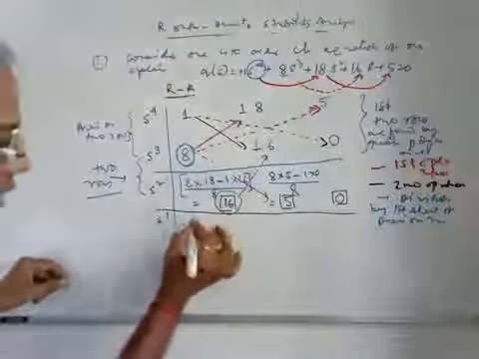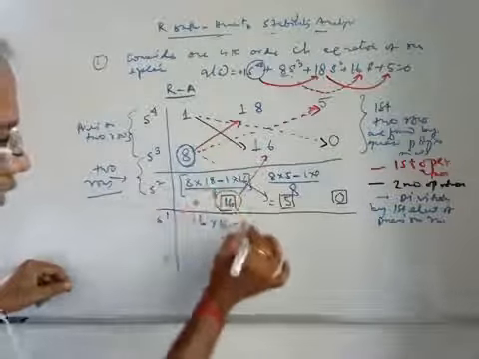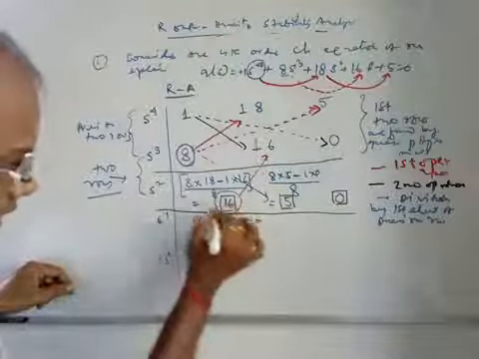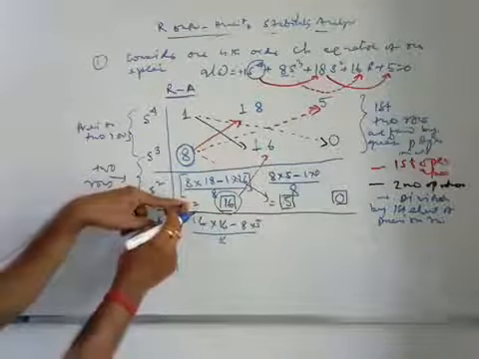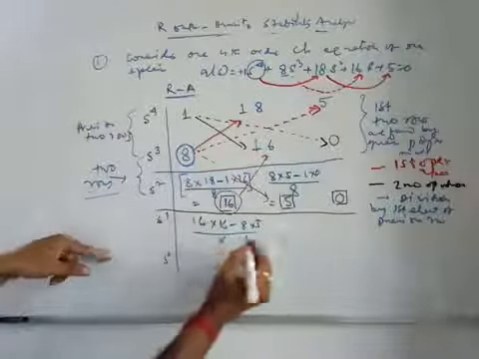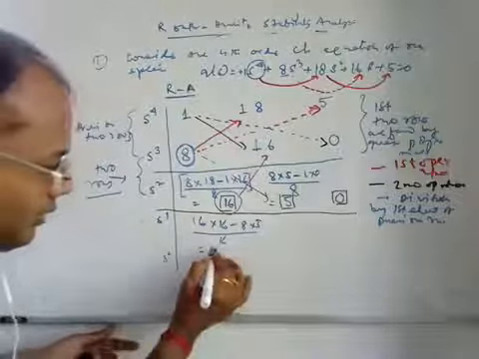So you get 16 into 16 minus 8 into 5 divided by 16, because 16 is the first element of the last row. So this will give you some value which is, say, 27 by 2.